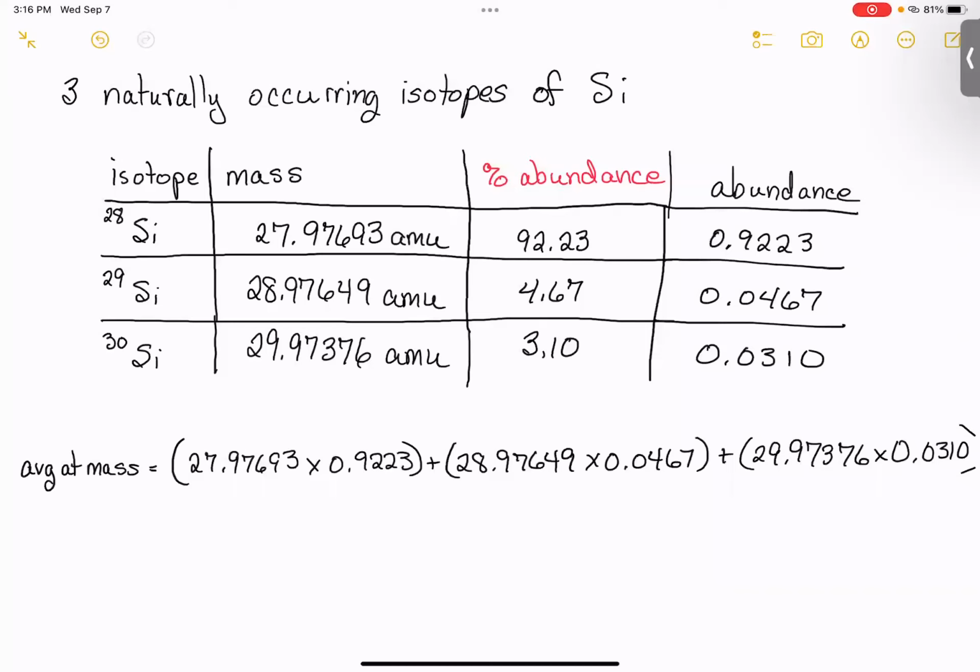I know it's hard to read in the back because the numbers got closed, but basically all I did was take each mass and multiply it by its abundance. And now I'm ready to complete this calculation.